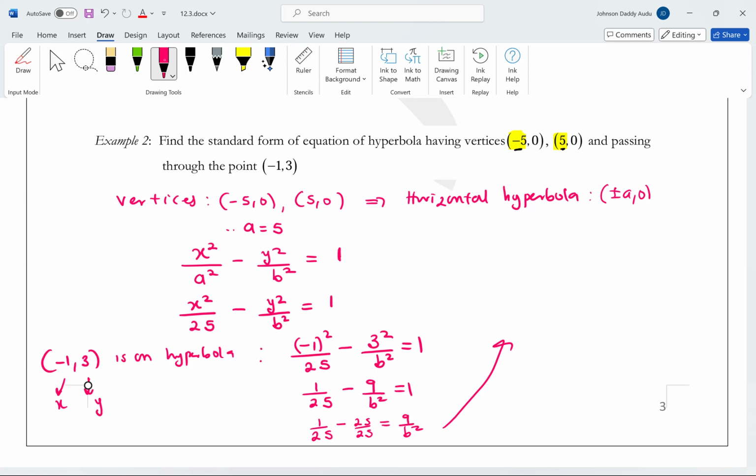So this is going to be 1 over 25 minus this. So this is simply going to be minus 24 over 25 equals 9 over b squared. All right, so what is b squared?